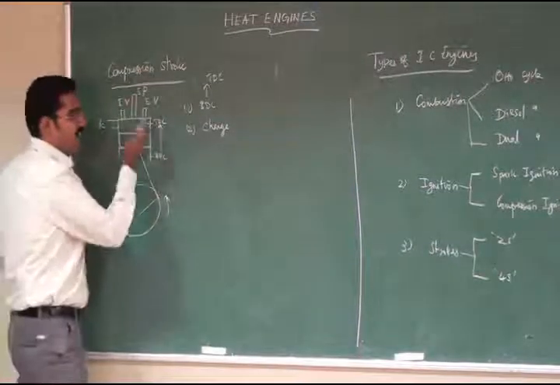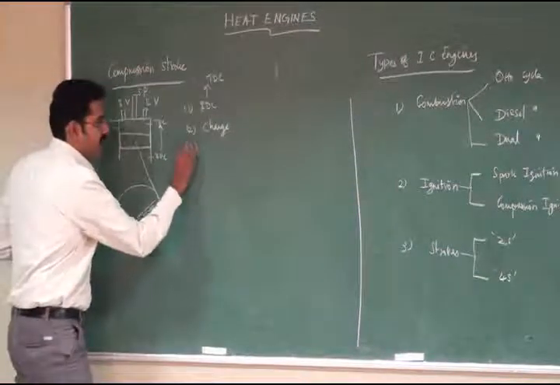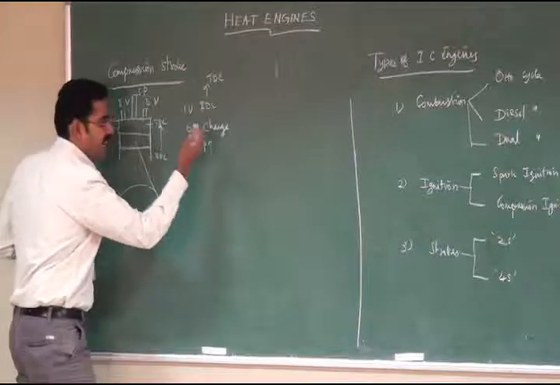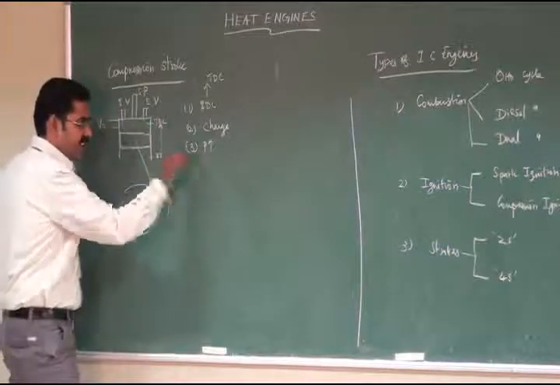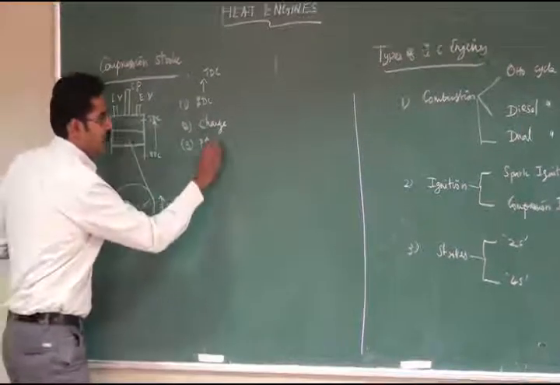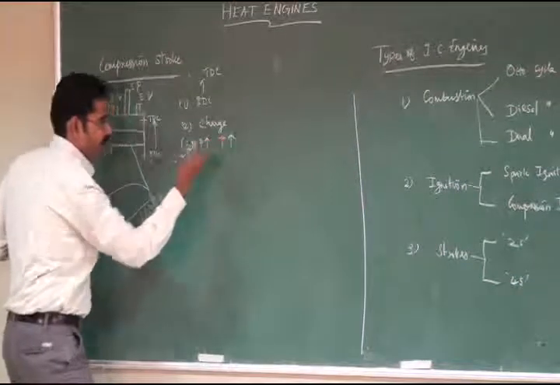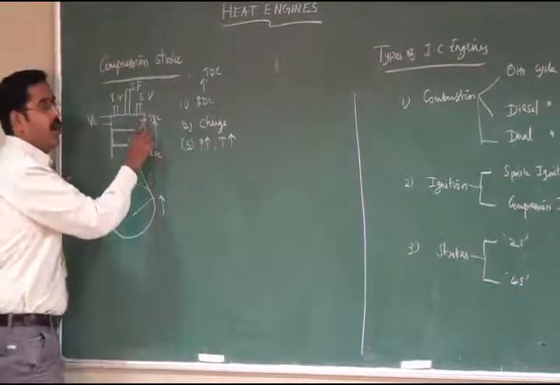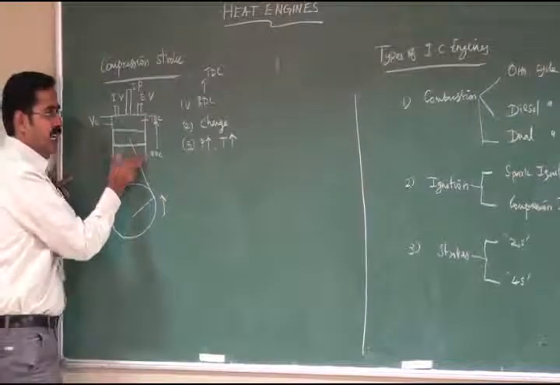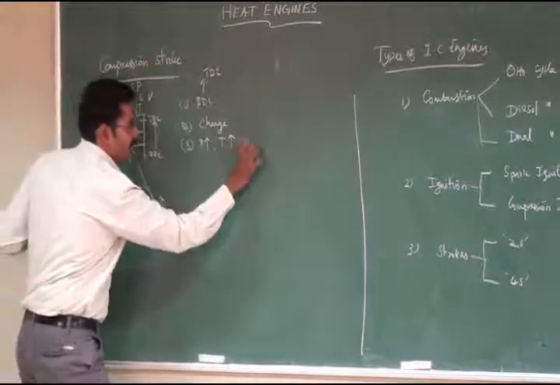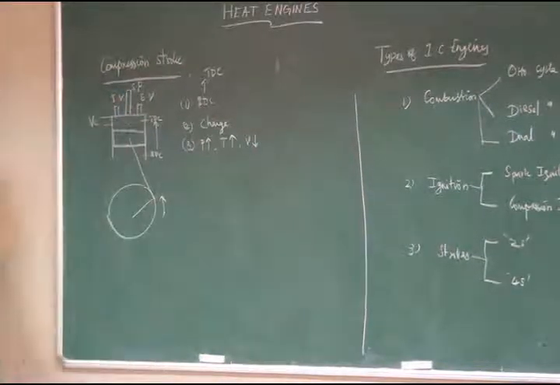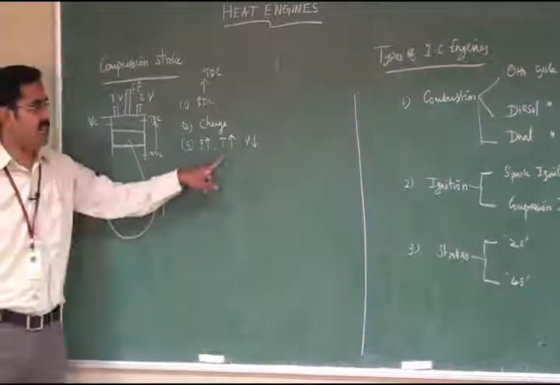During this upward motion of the piston, the pressure of the air fuel mixture increases. If the pressure increases, automatically the temperature also increases, because pressure and temperature are directly proportional. By seeing the 2D diagram, the volume will decrease. So there are three basic properties: pressure, temperature and volume.